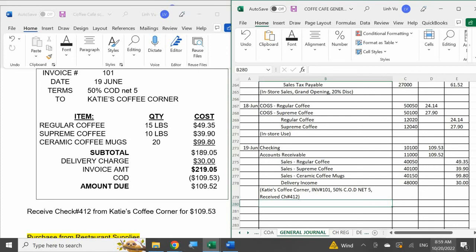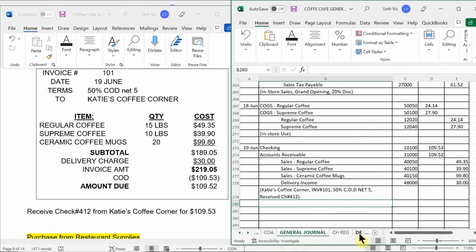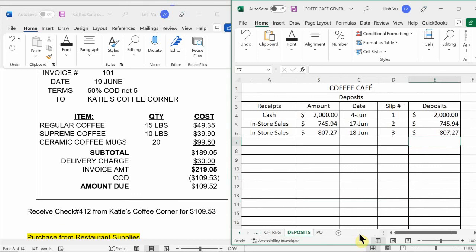We're going to put the check in our checking deposits. So we could say we received a check from Katie. For how much? 109.53.